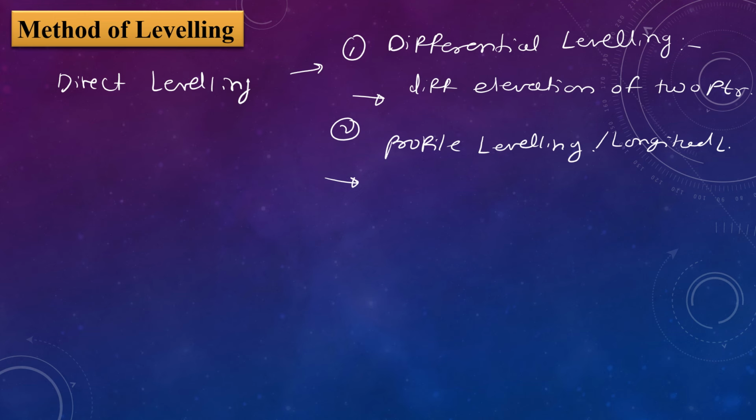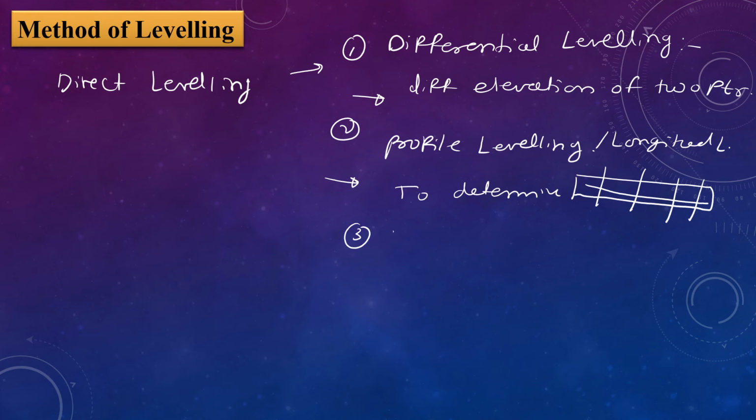This is also known as longitudinal leveling, and the profile leveling is used to determine the elevation of points at measured interval along a given line. Here first interval, second, third, fourth, measured interval along the line. This is nothing but a profile leveling.